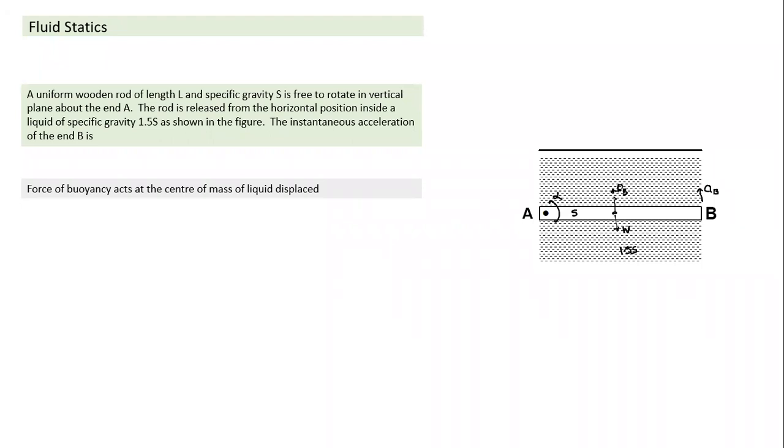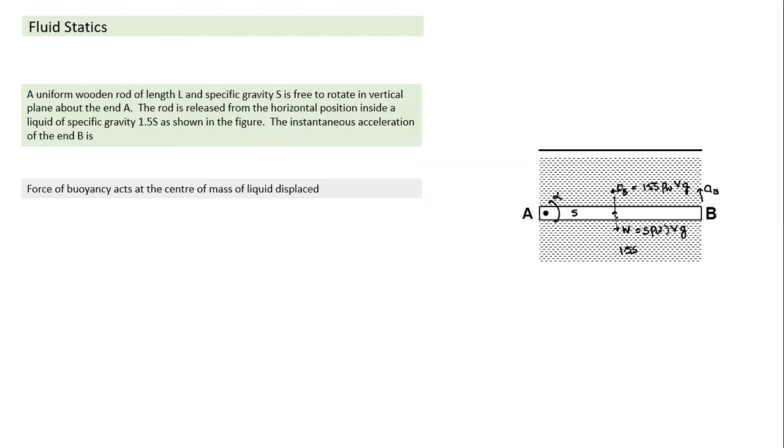So which one is greater here? Of course, the density of the liquid is more. So FB will be equal to 1.5 S into rho W into volume into g. Weight will be equal to S into rho W into volume, that is mass, into g. So we know the net force acting.